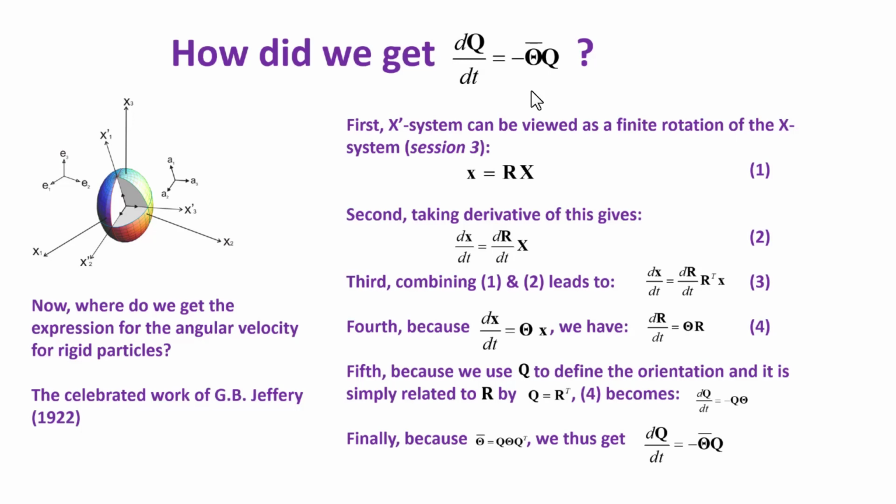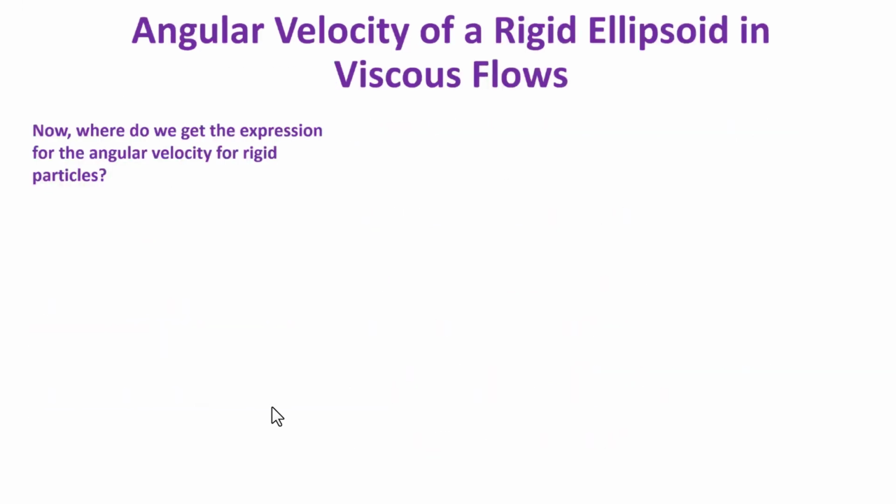This year is the 100-year anniversary of the publication of the celebrated work of G.B. Jeffery, and we are going to use Jeffery's expression for the angular velocity to investigate the rotational behavior of rigid ellipsoid objects in viscous flows. Angular velocity of a rigid object in viscous flows.